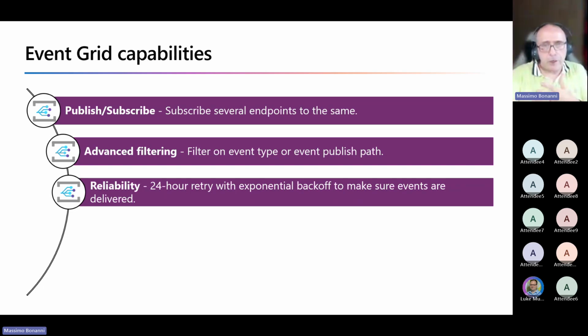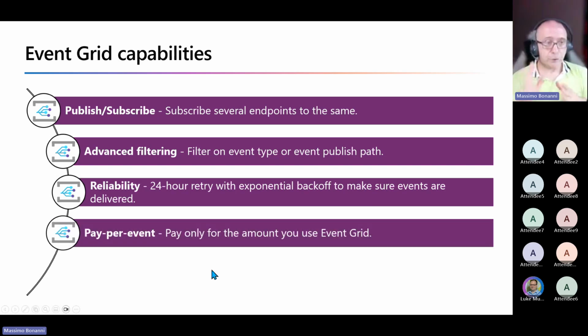So if your subscriber is down at the moment of routing the event, you can say, hey Event Grid, retry every, say, 10 minutes for 24 hours. You can implement some reliability rules.